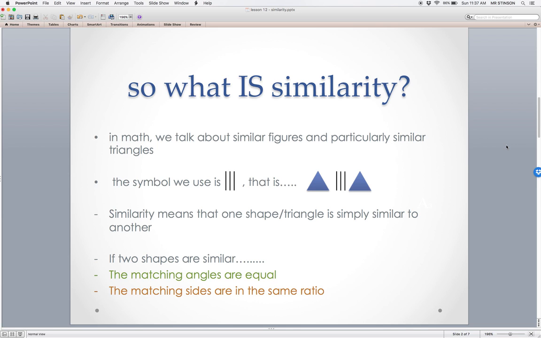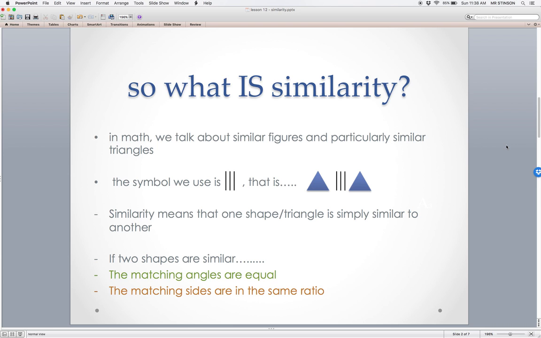Similarity simply means that one shape or triangle is similar to another. And if two shapes are to be similar, one, their matching angles are equal, and two, the matching sides are in the same ratio.